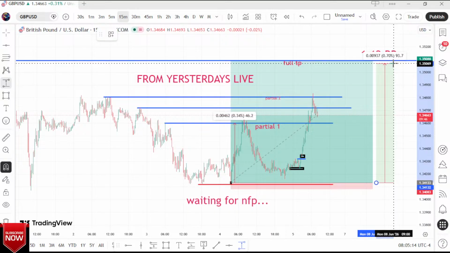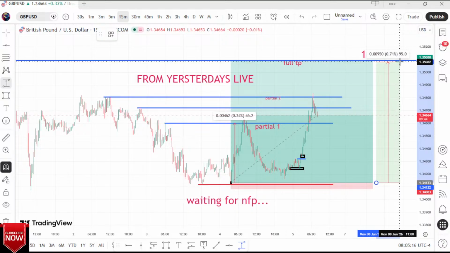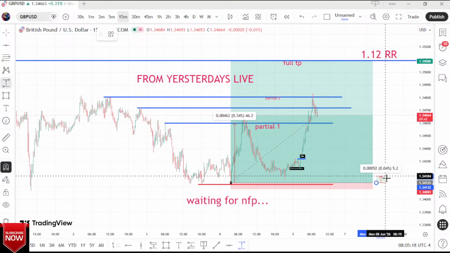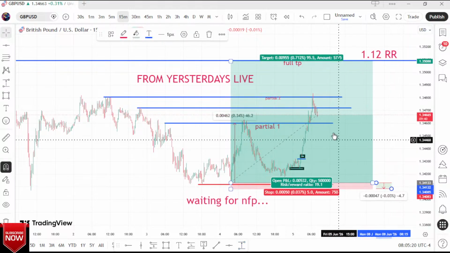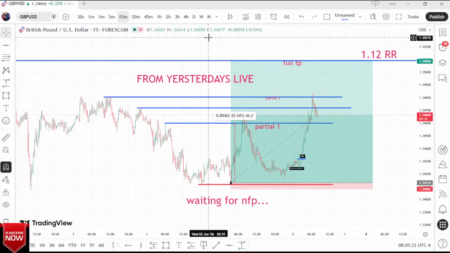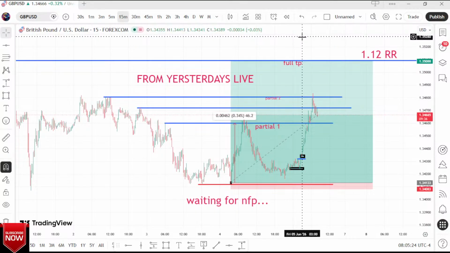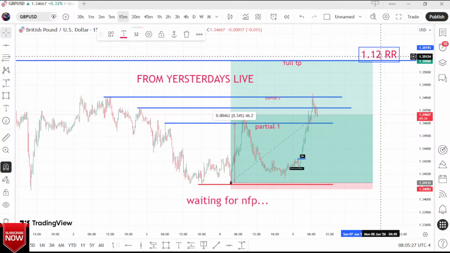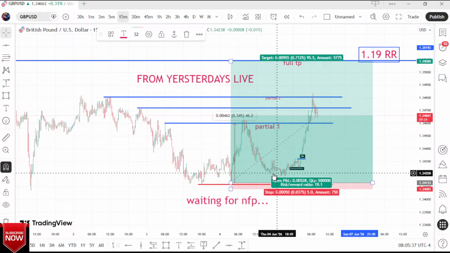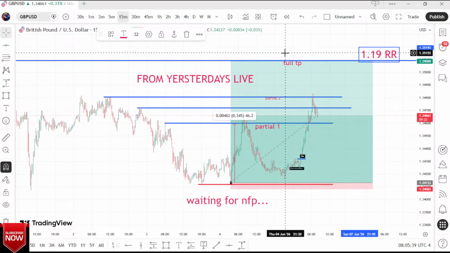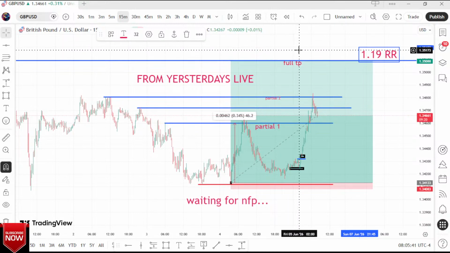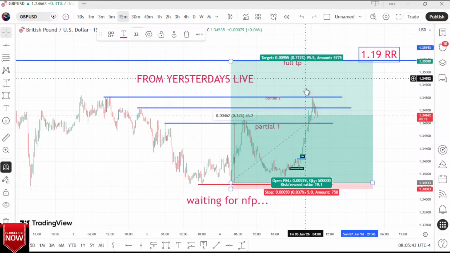This 95 and we risked 5. 1:19, that's right there, because 1:20 it will be 100. So 1:19, we actually called the move from here down to here, expecting more bullish prices to rally up higher and higher.